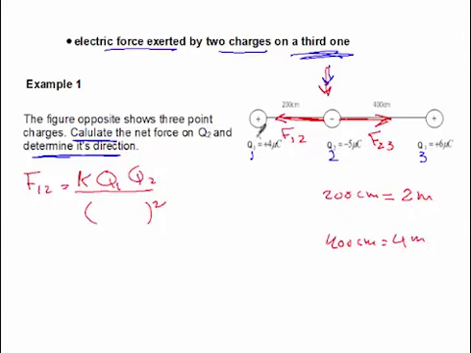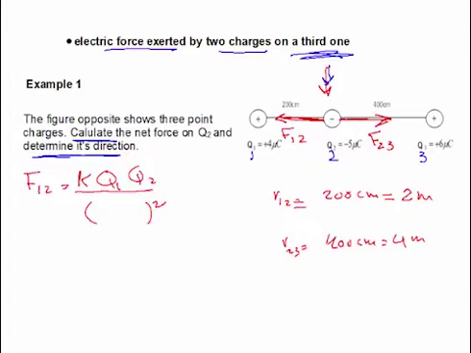So the distance between here and here. When doing any problem, the first thing is to see the directions of forces, then to see if you have the appropriate units. Okay, this is the distance between Q1 and Q2, and this is the distance between Q2 and Q3.